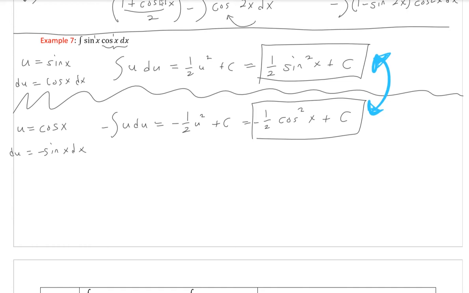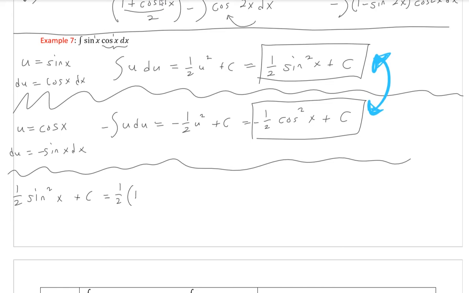For example, let's take that original solution, 1/2 sine squared x plus c, and since I see sine squared, I'm going to apply a Pythagorean identity to that. So 1/2 times 1 minus cosine squared x, that would be the Pythagorean identity, plus c.